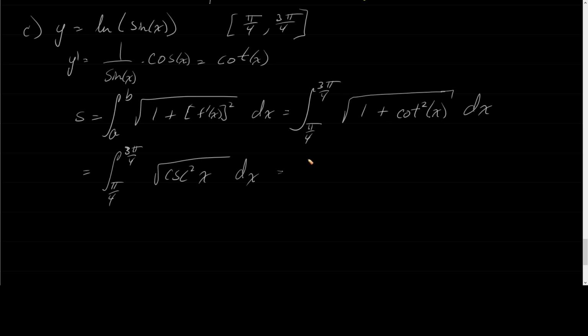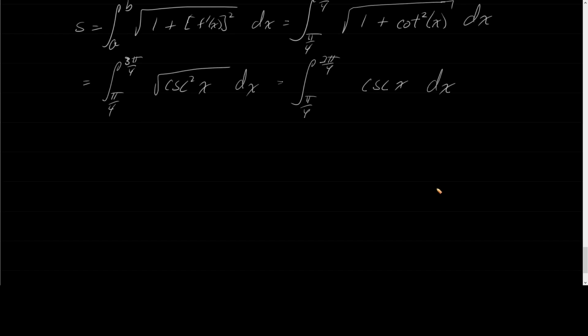And from there, we'll end up with the integral from pi over 4 to 3 pi over 4 of just cosecant of x dx, all right? And at that point, the integral of cosecant is negative ln of the absolute value of cosecant x plus cotangent x.